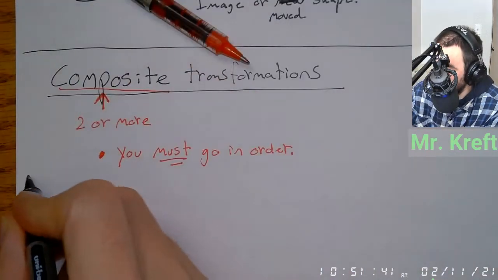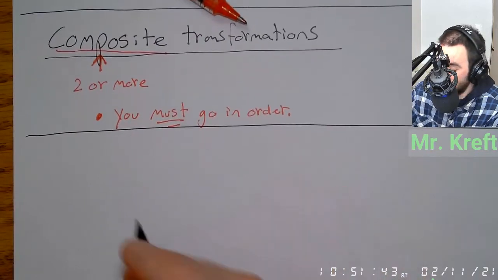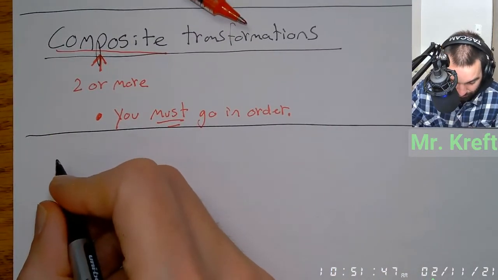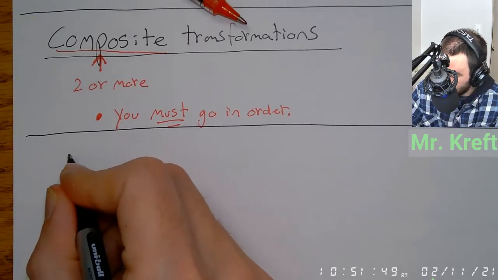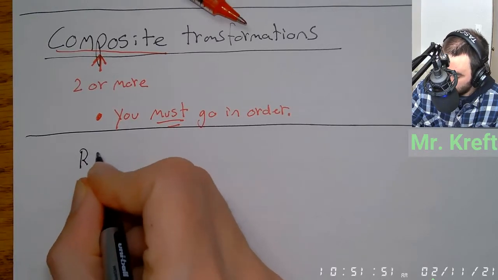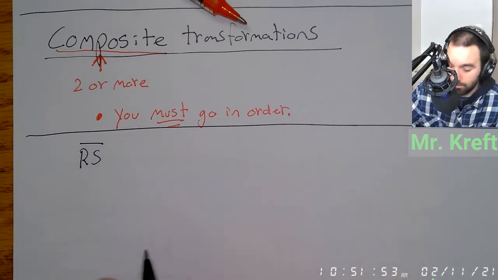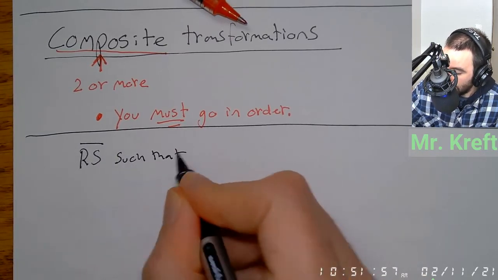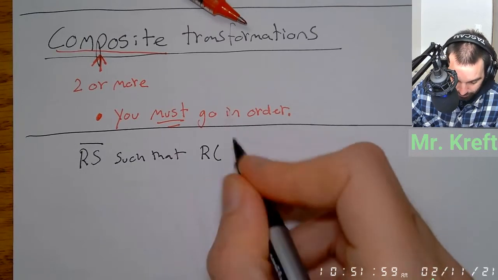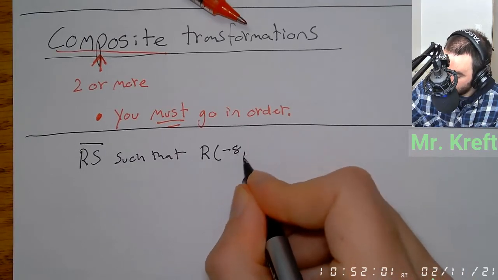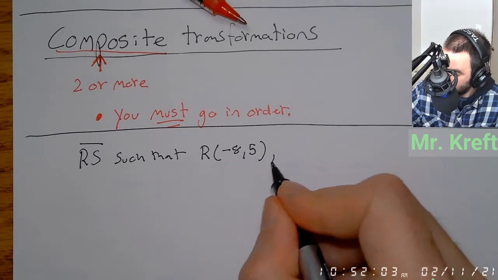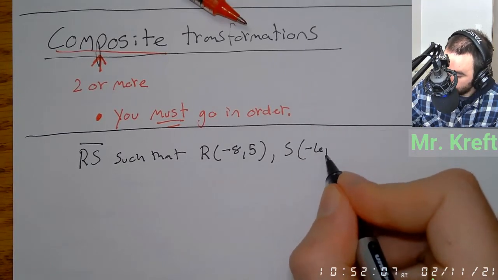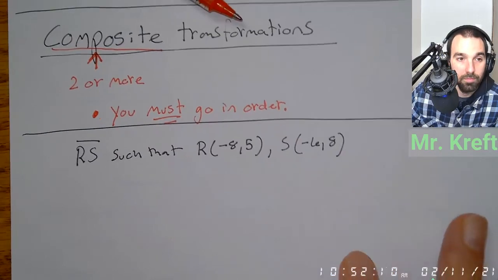Okay, so let's take a look at this. We're going to have a segment RS such that R is at -8,5 and S is at -6,8.